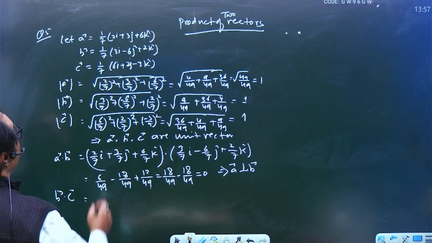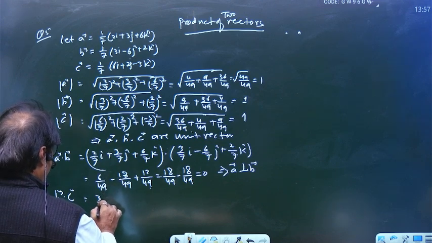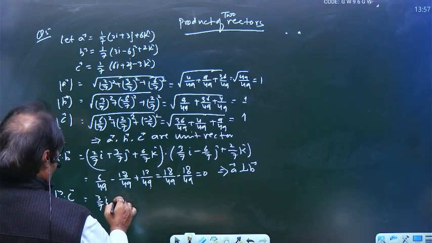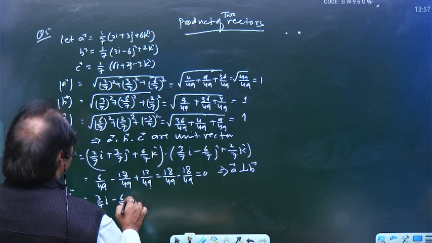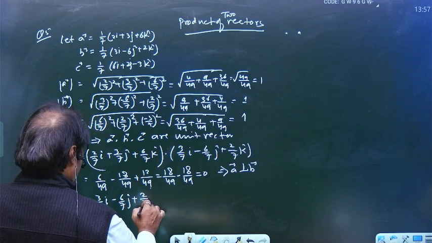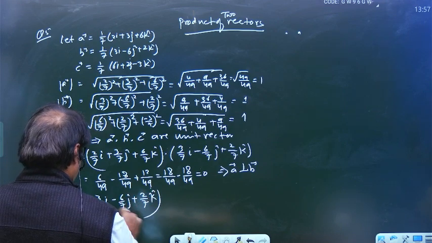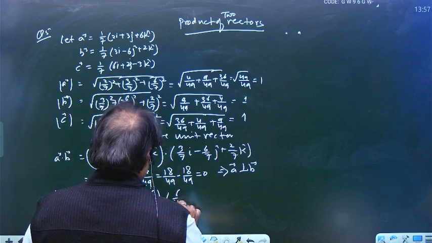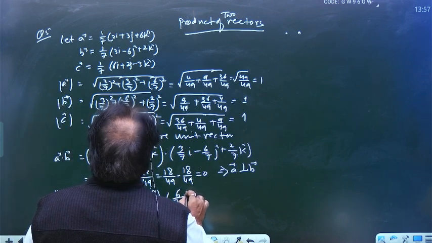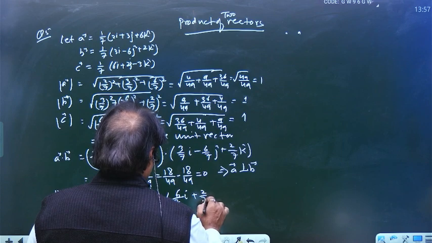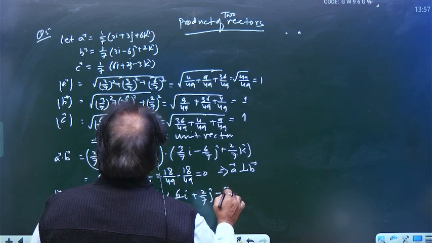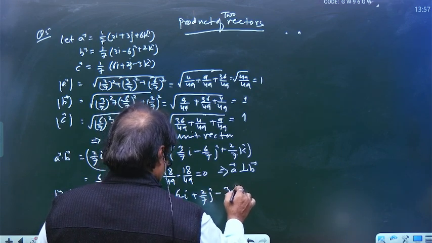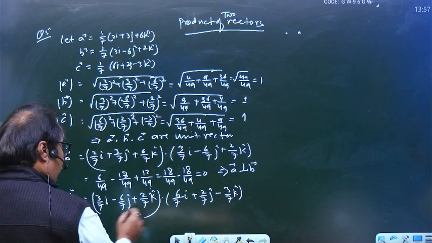So B dot C means the B vector is 3 by 7 i cap minus 6 by 7 j cap plus 2 by 7 k cap, dot C vector, that is 6 by 7 i cap plus 2 by 7 j cap minus 3 by 7 k cap, and apply the dot product.